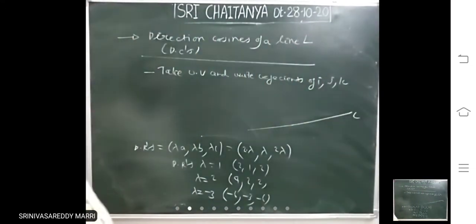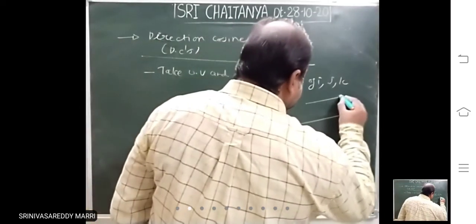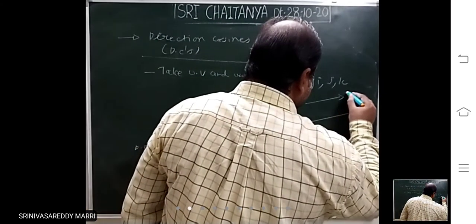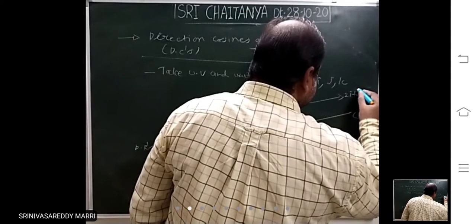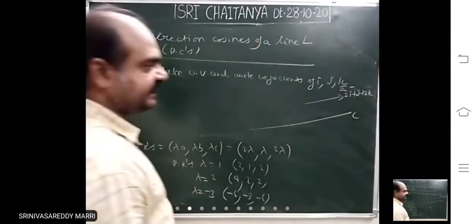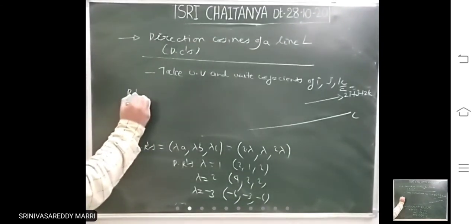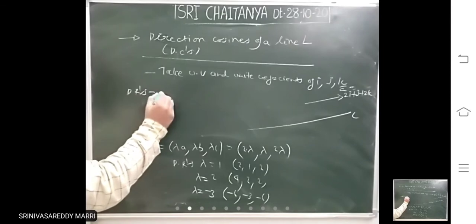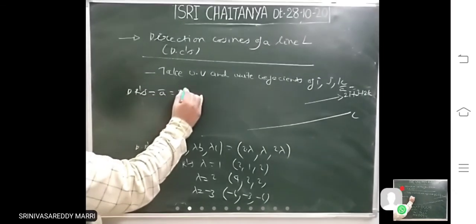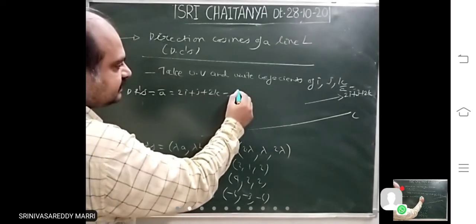Suppose L is the line. Its direction is given as 2I plus J plus 2K. Let us say the direction is given by the vector. Now, DRs means we will take A bar only.